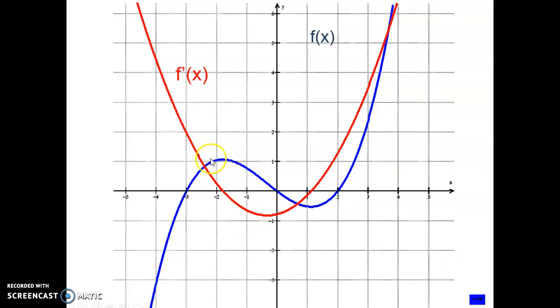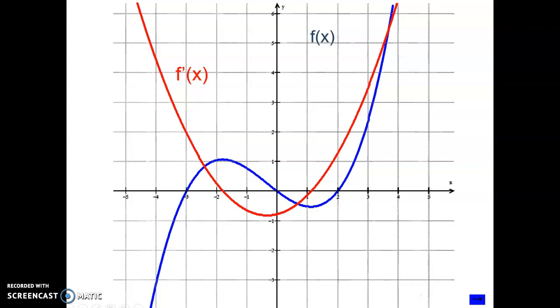Notice where I have a horizontal tangent line on the blue curve, the original curve, the derivative will have a 0 there. And where I have a horizontal tangent line here on the blue curve, the derivative curve would have a 0.